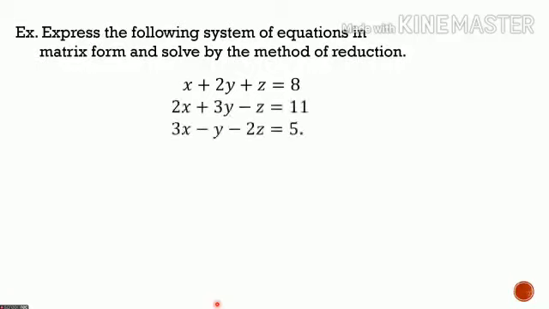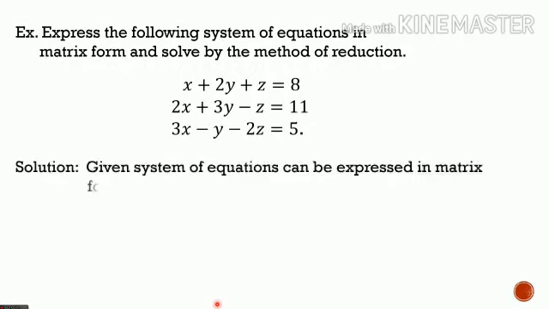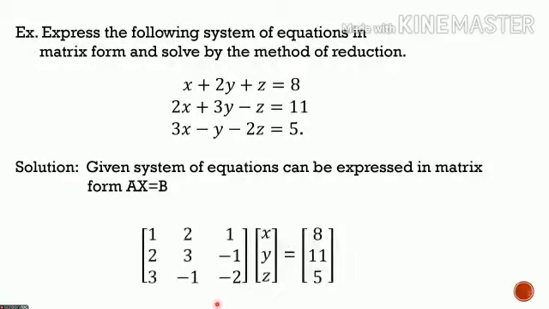Let's solve one more problem. Here we have now 3 equations with 3 variables x, y and z. Let's first write these equations in matrix form. Ax is equal to b form. A is the coefficient matrix, x is the matrix of variable, and b is matrix of constants.